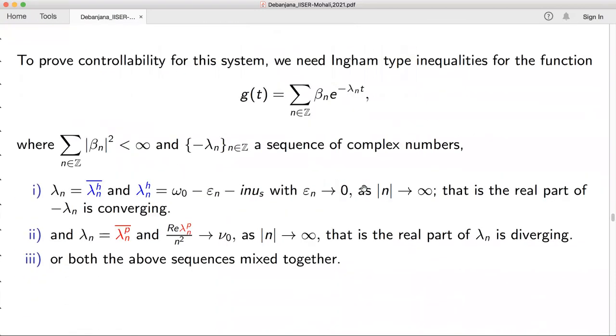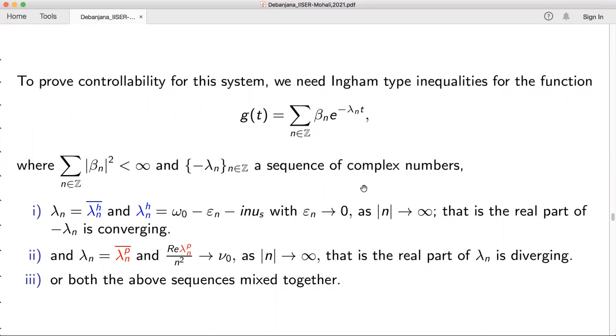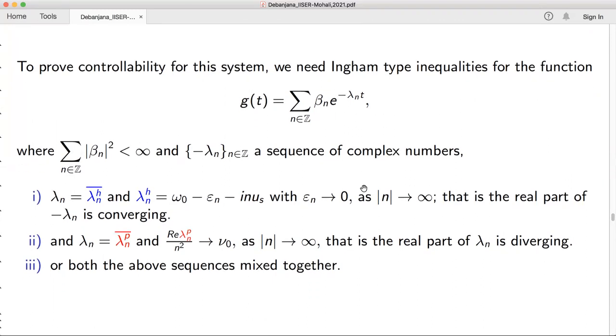Another important thing we need is a little generalization of the Ingham type inequality, for exponents lambda_n. There are two things I mentioned. One is of the form i omega_k, where omega_k are real.